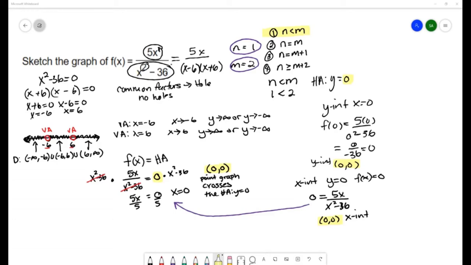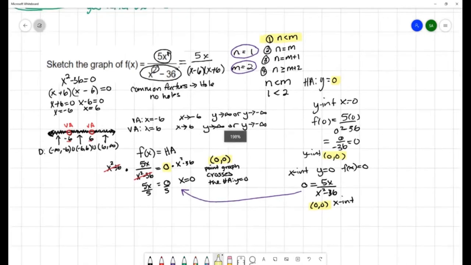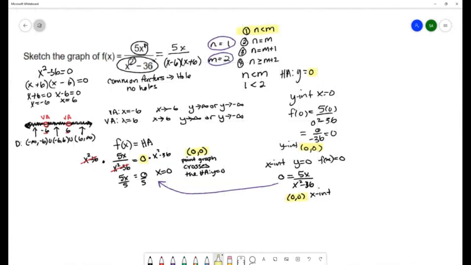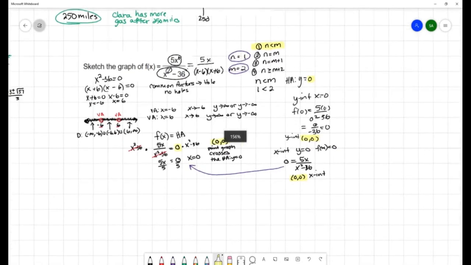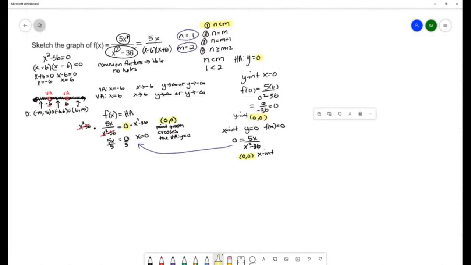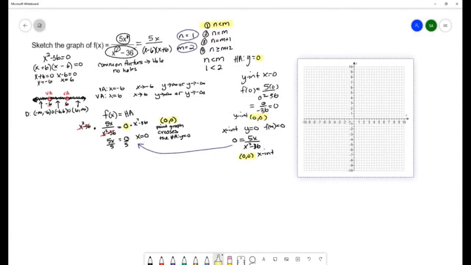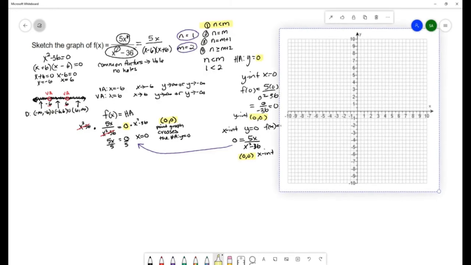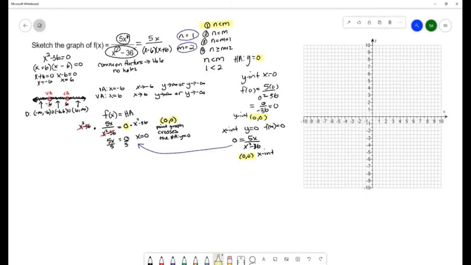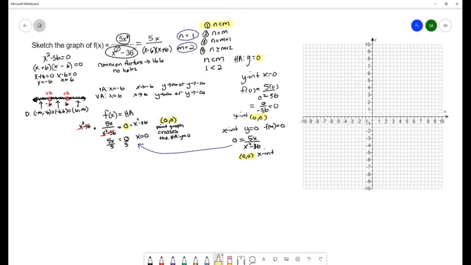Now I think we're getting closer to sketching the graph. So let me put on the screen a grid for us to use. We can make that a little bigger. Let's start writing down what we've learned so far.